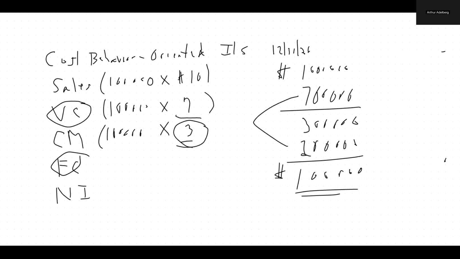I want you to think of contribution margin as having two jobs. Actually, it probably has three jobs, now that I think about it. So let's look at job number one. I'm no longer a manufacturer.